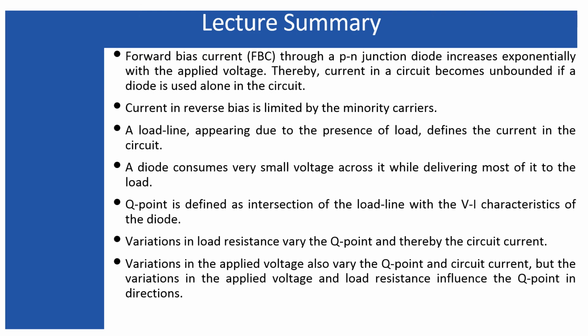This can equivalently be explained by using the load line, because for zero resistance, which is represented by a short circuit, the intersection point of the load line with the current axis will be situated at infinity. So the current also will be infinite if there is no load resistance.